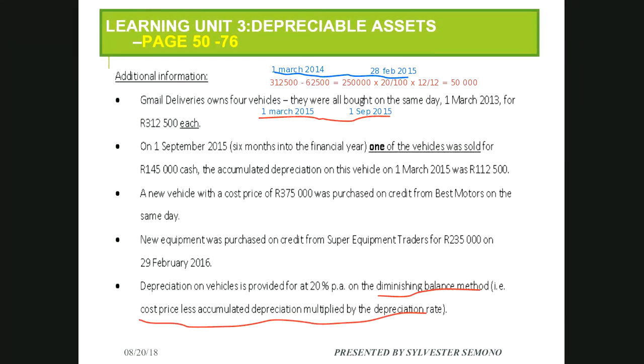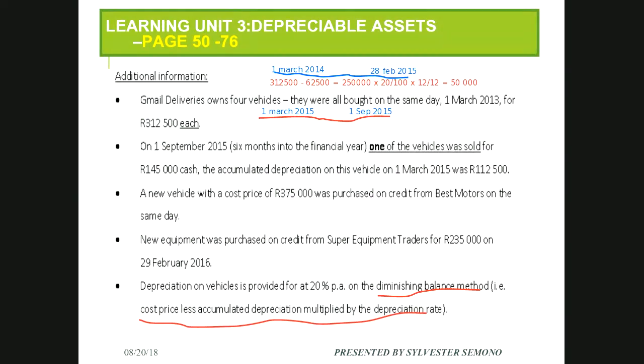Who can tell me what must I minus first? 145. Not 145. Okay, so you are correct. Can you see, so far how much depreciation do we have? We had 62,500. Remember the first year? Remember that 62,500? Plus 50. You remember it? Yes.